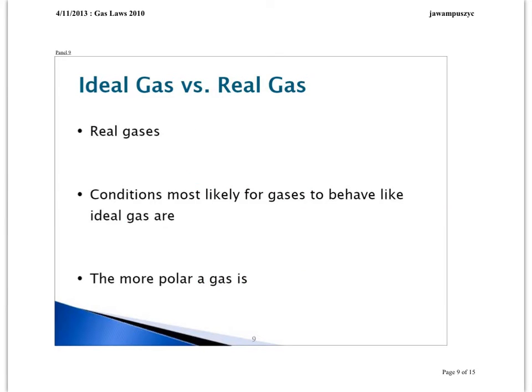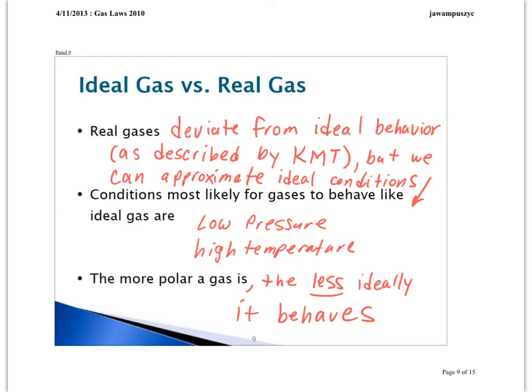Real gases do not behave like ideal gases, so there are some exceptions to how they behave in terms of the kinetic molecular theory. But we can approximate ideal conditions by having either relatively low pressure or high temperature. And finally, the more polar a gas is, the less ideally it behaves.